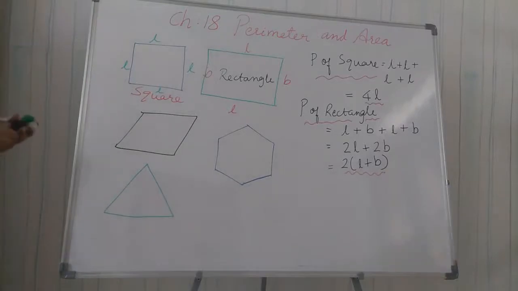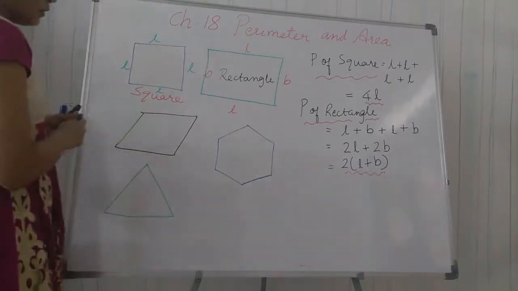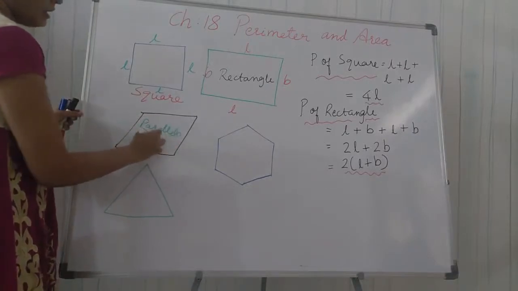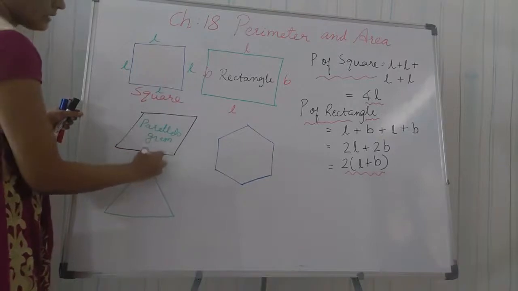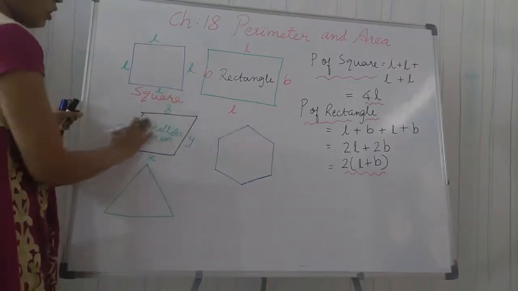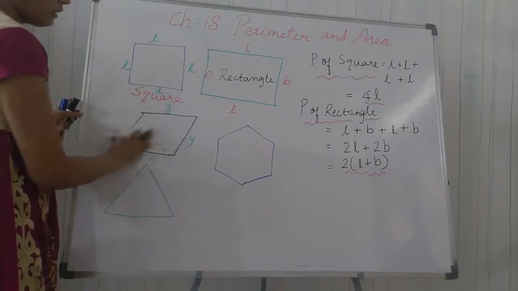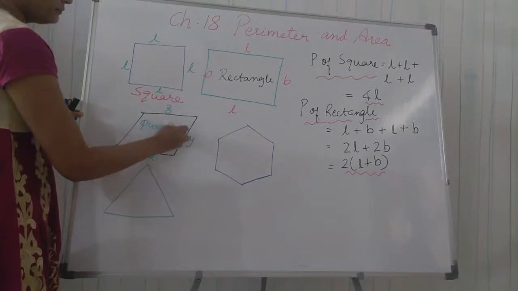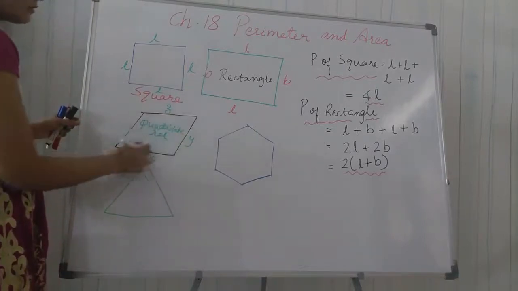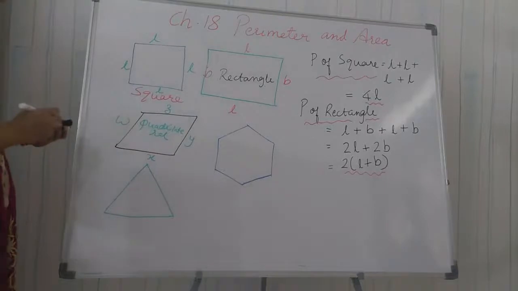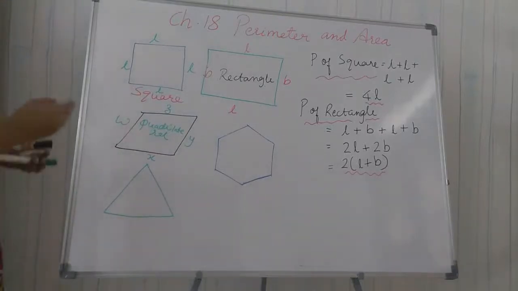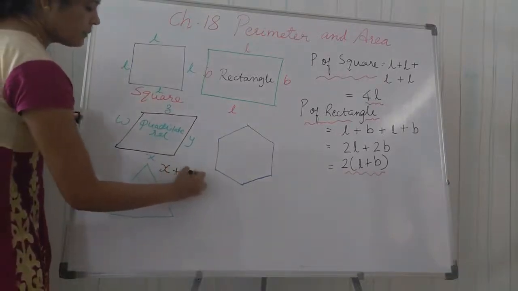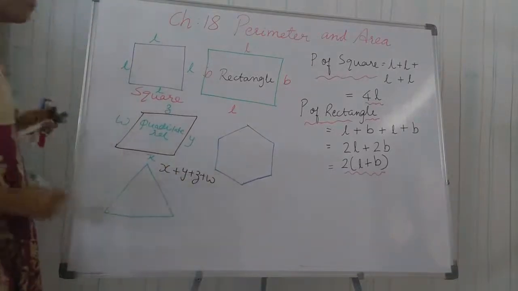Right? Now here, suppose this is the parallelogram, in which this is x, this is y, z, or you can just write here quadrilateral. What I am writing? Quadrilateral. In which x, y, z, w, 4 different sides are there. So what is its perimeter? We can write x plus y plus z plus w.